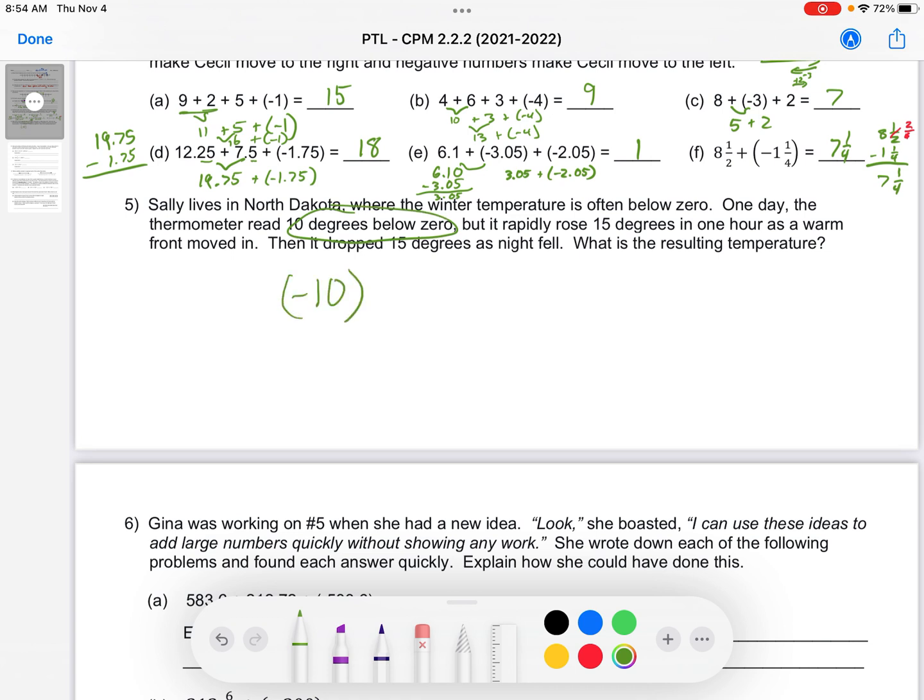I put parentheses just to help me focus on that it's a -10. I don't have to have them there. But it rapidly rose 15 degrees, right? So that's a movement to the right. So that is an increase of 15 degrees. Then what happened? It drops 15 degrees as night fell. So that's a movement to the left, and there's my -15.